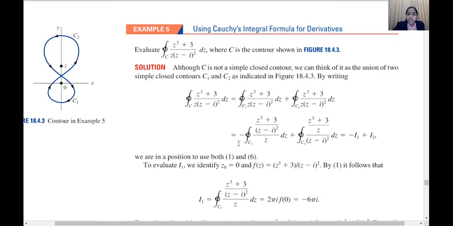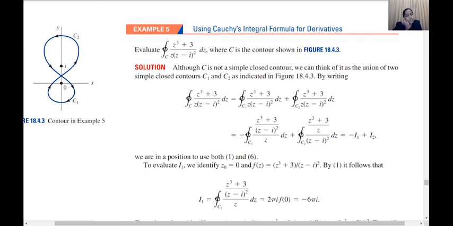So I can write this as minus the integral over C1, right? I am changing the orientation. So this is equal to minus the integral over C1 of (z cube plus 3) divided by (z minus i) whole square, whole divided by z, because 0 is the point where the function fails to be analytic, into dz, plus the integral over C2 of (z cube plus 3) divided by z, whole divided by (z minus i) whole square, into dz.